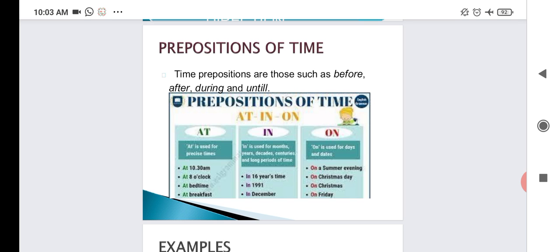These show specific time. Apart from this, other prepositions like before, after, during, until, all this reveals what? It reveals time prepositions, or these are different examples of time prepositions.